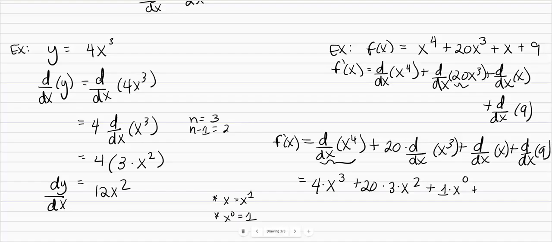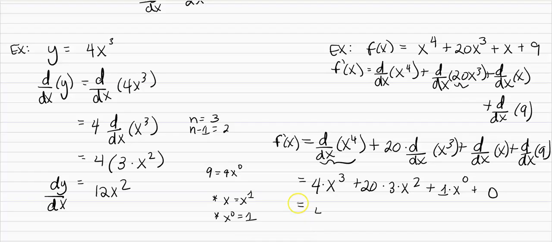And finally, I have a derivative of a constant, which we know is just 0. Why? Because a constant can be written as, so 9 can be written as 9 times x to the 0 power because we know that x to the 0 power is 1. So when we do the derivative, that 0 goes out in the front, so that's 0 times whatever, which is just 0.